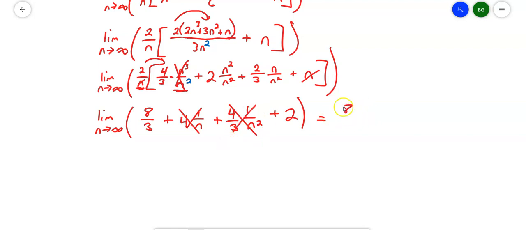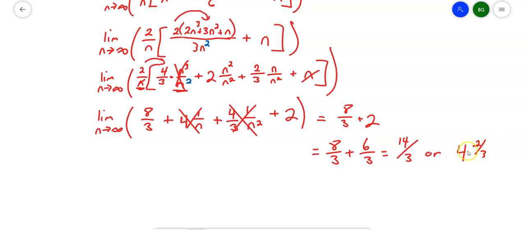And so I'm just going to get 8/3 plus 2, which is 8/3 plus what? 6/3, I suppose, which is 14/3, or what would that be? I guess that would be 4 2/3, which is 4.6 repeating.